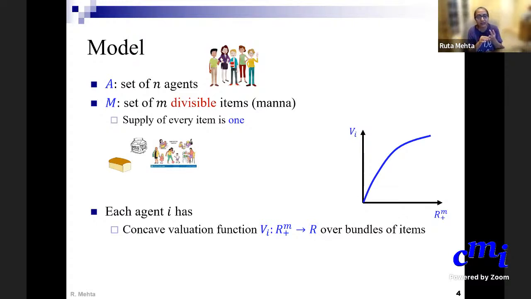And it is typically assumed that the valuation functions are concave. What is concavity? It is basically capturing decreasing marginals. Imagine I give you one ice cream, whichever your favorite one, chocolate. You are very happy. Then I give you a second one. Will you be as happy as eating the first one?